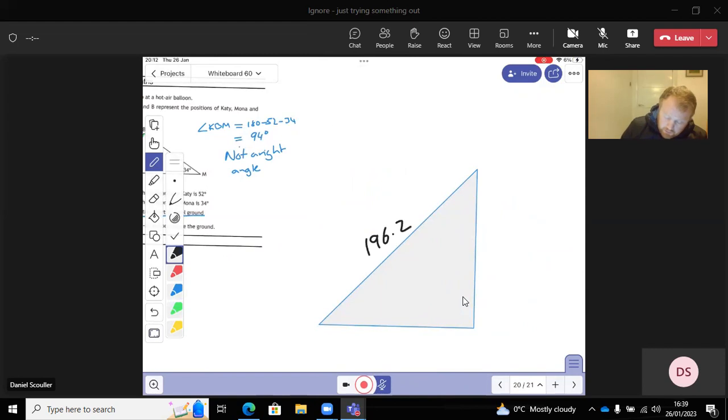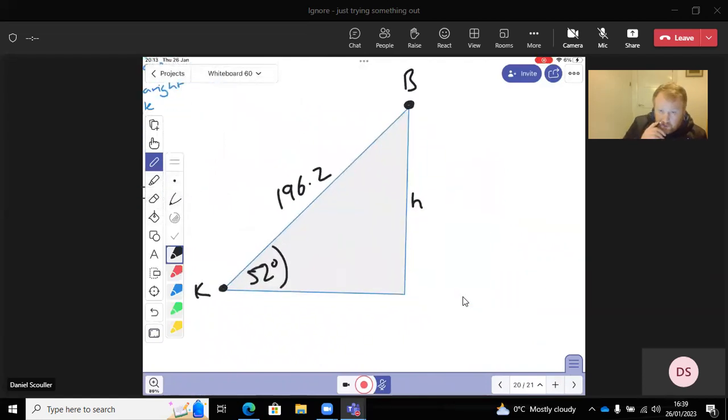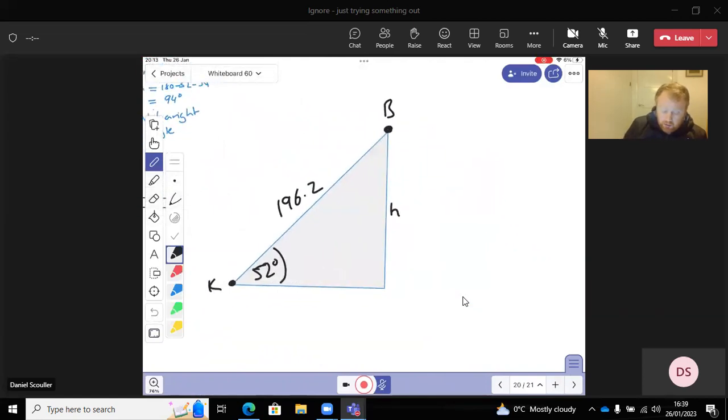That's the position of my balloon. That was the position of Katie. The angle in there was 52 degrees, and I'm missing this side here, the height. So I've pulled that to one side, so that's just the same as the image, so I can work with it.